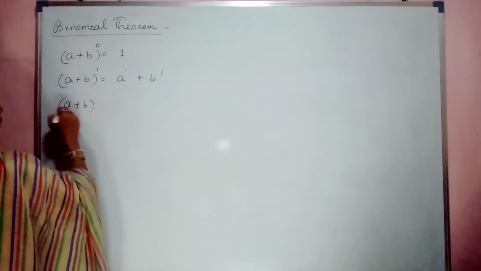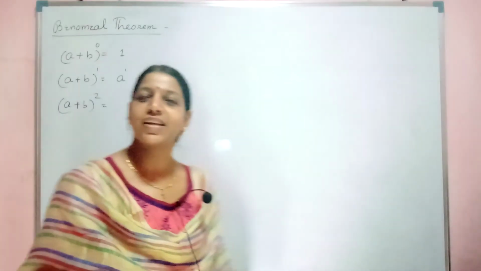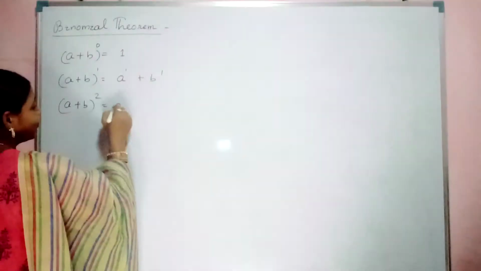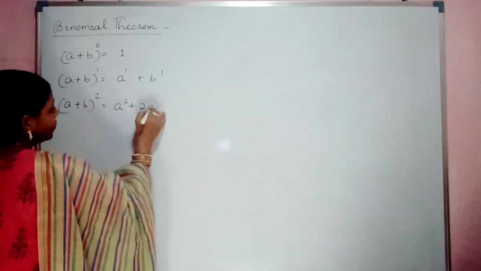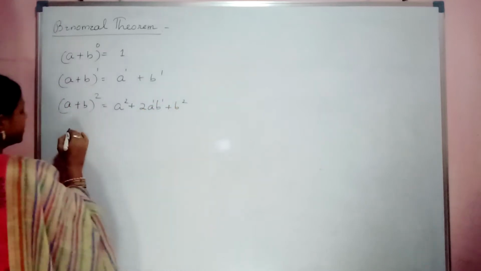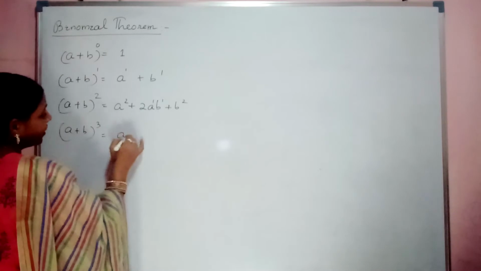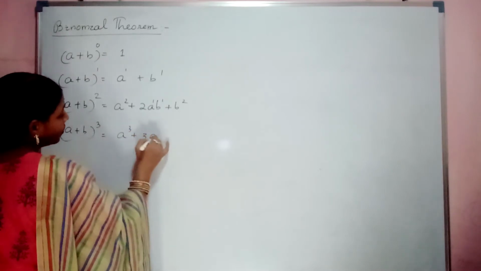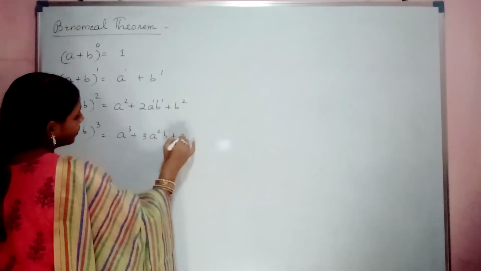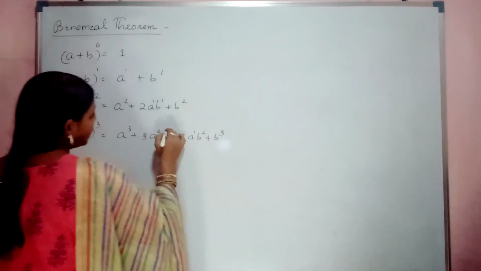Similarly, if I write a plus b to the power 2 or a plus b whole square, what will you write? a square plus 2ab plus b square. Similarly, if I write a plus b to the power cube, what will you write? a cube plus 3a square b plus 3ab square plus b cube.